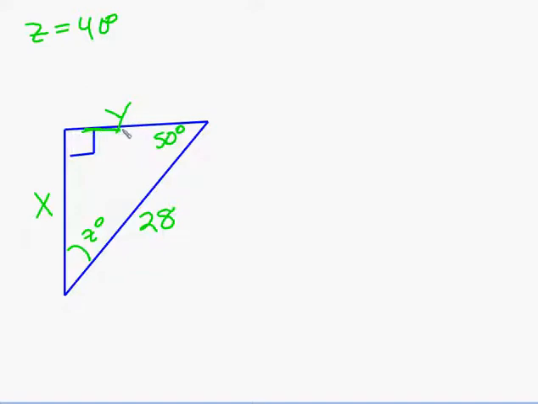How can I get y? What trig function would I use? Hypotenuse over adjacent, or adjacent over hypotenuse? Adjacent over hypotenuse, which is what? Cosine. So cosine of 50, so something always has to go here.